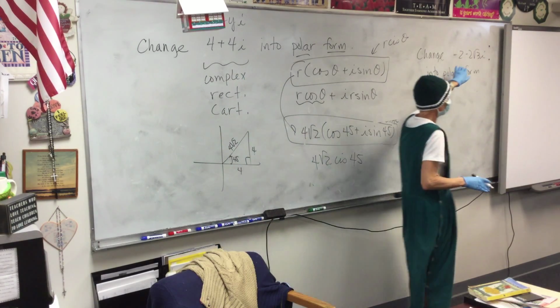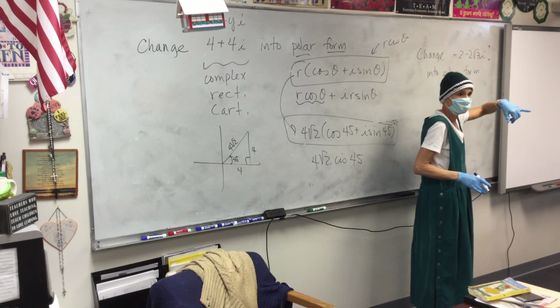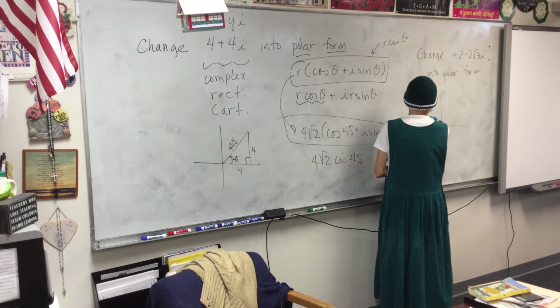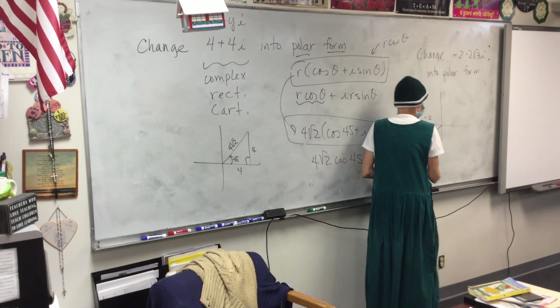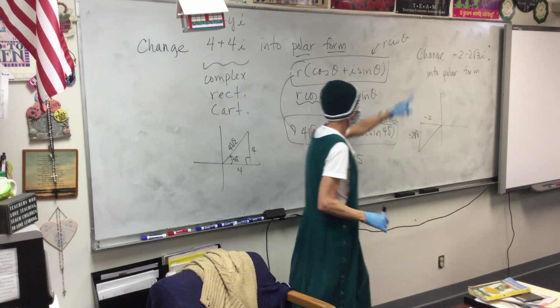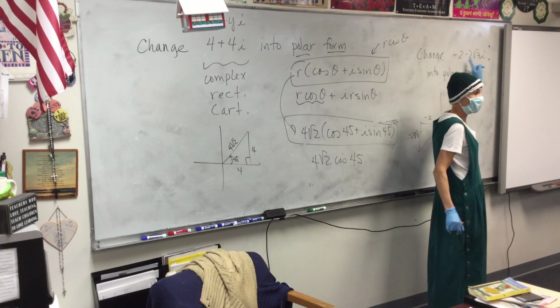What have we been given? What are these two numbers? x and y. So I'm going to go ahead and draw a picture of that. Complex numbers are x, y, x plus yi.